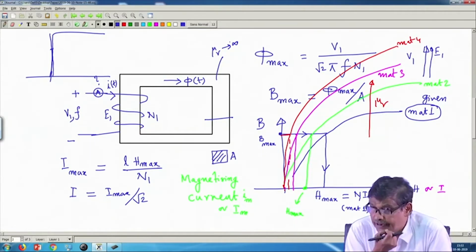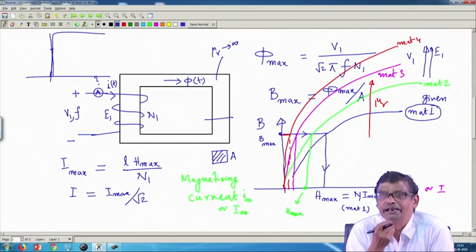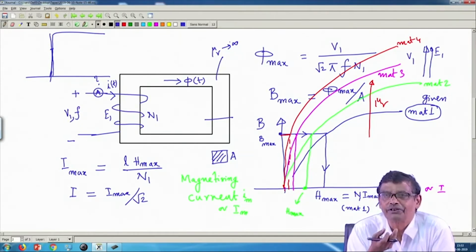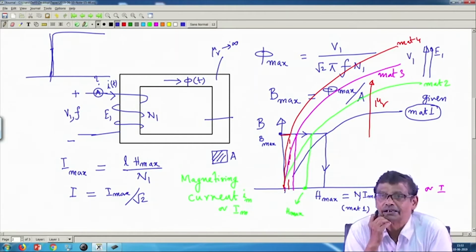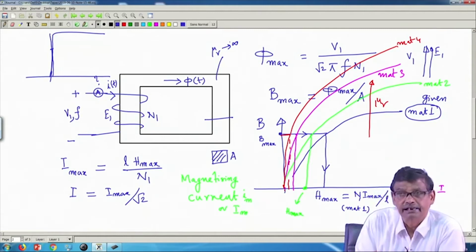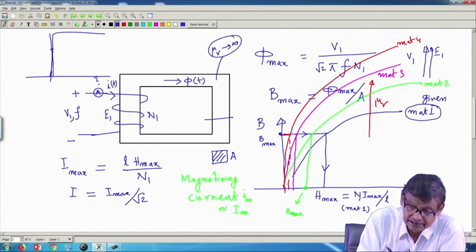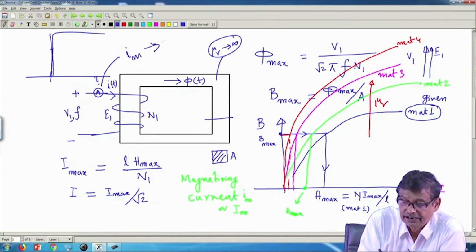Okay, some finite current is necessary, but that current you can make as small as possible, provided you do not have any restriction on using better and better magnetic material. The important thing is that flux is finite like this, and mu r tending to infinity means that this ammeter reading I m, the magnetizing current, will tend to 0.